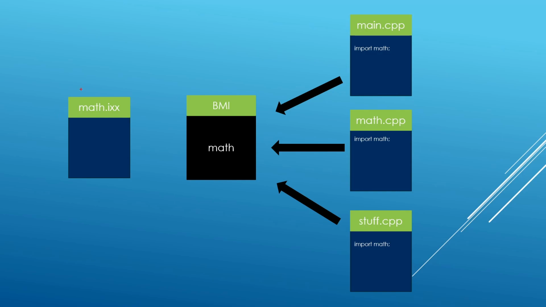A module file is going to be compiled into a binary form, and any file that imports that module is going to be referencing that binary code. So we will process the module code once and get a binary form, and this binary will be used wherever this module is needed. So we don't have to process the module code to generate binary multiple times, and this is going to improve your compilation speeds.